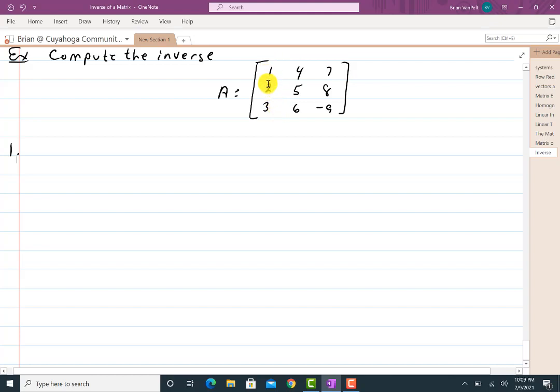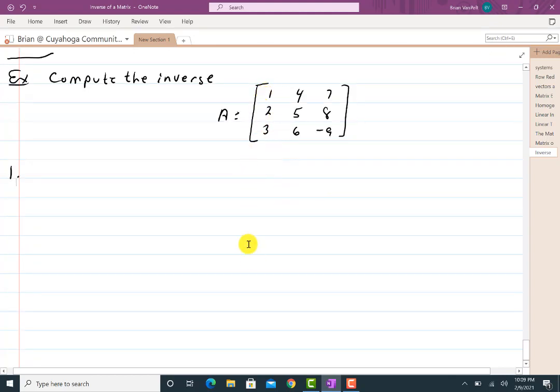And the first thing I did was take out the 2 that was underneath of the 1. So in order to make that happen, we need -2r1 plus r2. So let me call it E1, it'll be that, -2r1 plus r2.